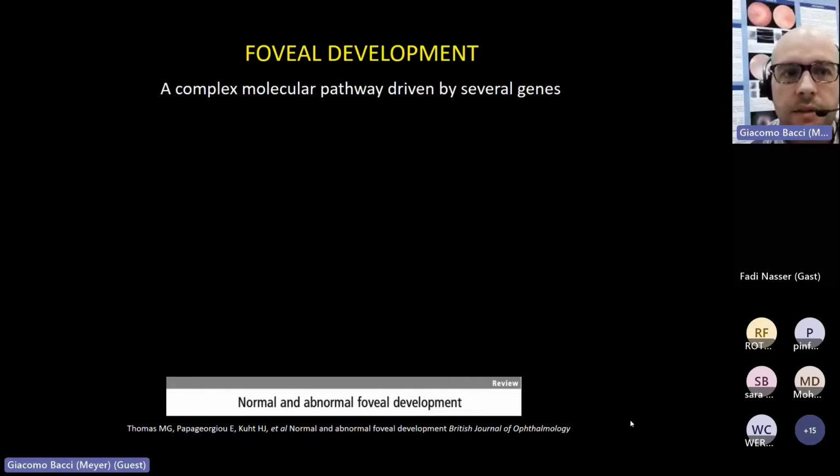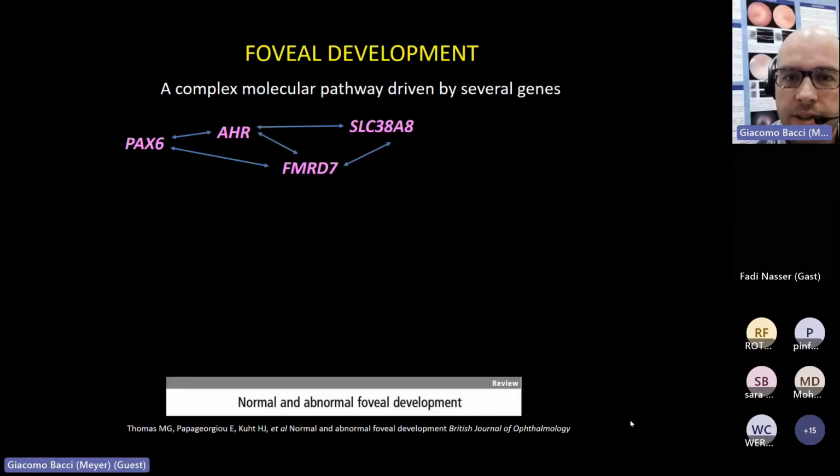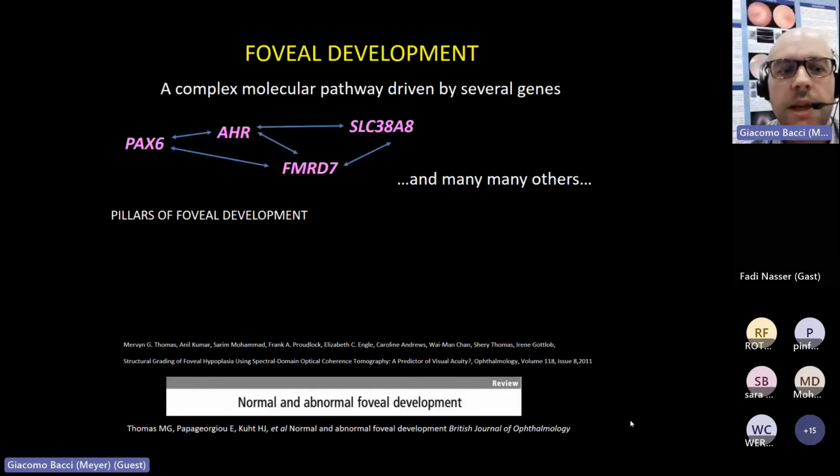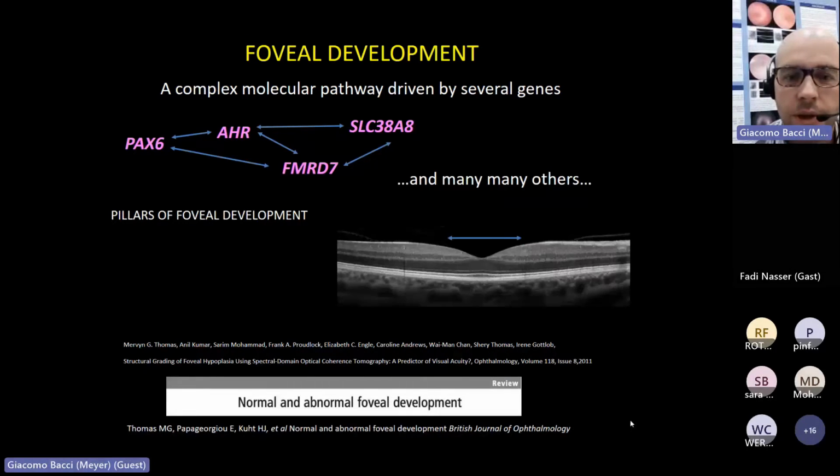As we said, foveal development is a complex molecular pathway, and we know that several genes are involved. I showed you only 4, but there are many others. In different ways, all the genes implicated act on the pillars of foveal development. There are actually 3 to 4.